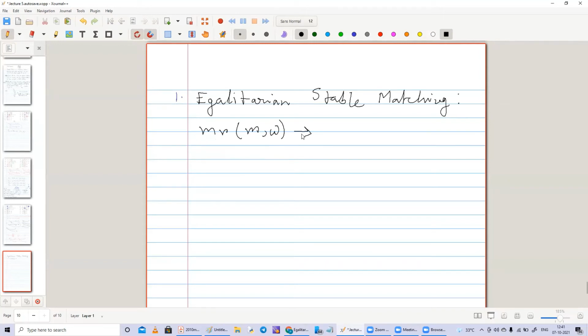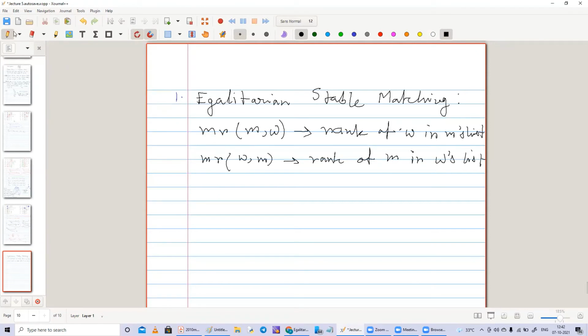So MR of MW is basically the rank of W in M's list, and WR of MW.